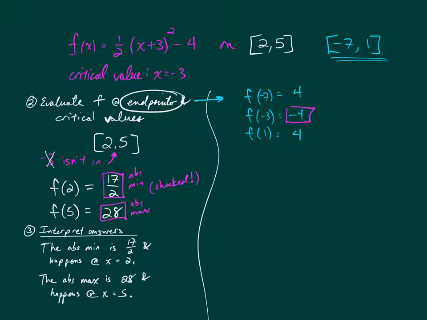So we know that this is the absolute minimum because that's the smallest value. And oh my goodness, we have a 4 and a 4. We have two 4s. So does that mean the absolute maximum doesn't exist? That there isn't one? No, what this means is that there are two absolute maximums.